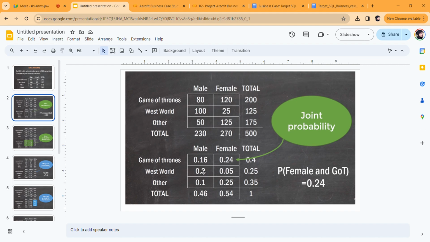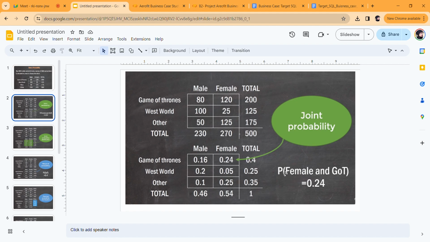In a similar way, what is the probability that males are watching Game of Thrones? Here there are two conditions to fulfill: male and Game of Thrones. So 0.16 is the probability that males are watching Game of Thrones. This is called the joint probability, whatever you see in this tabular format that is not in the total. The total is the marginal, which I will show you.